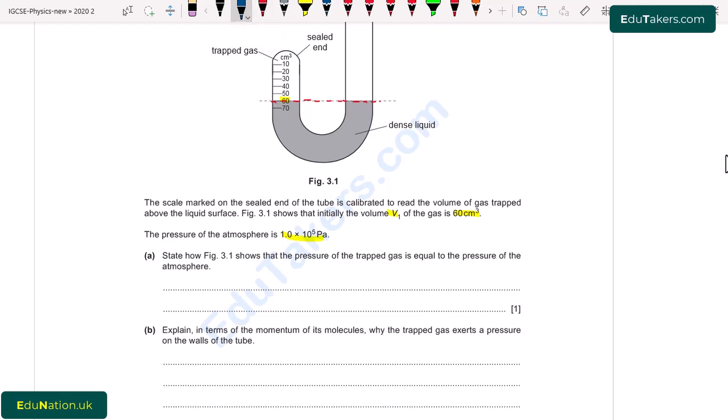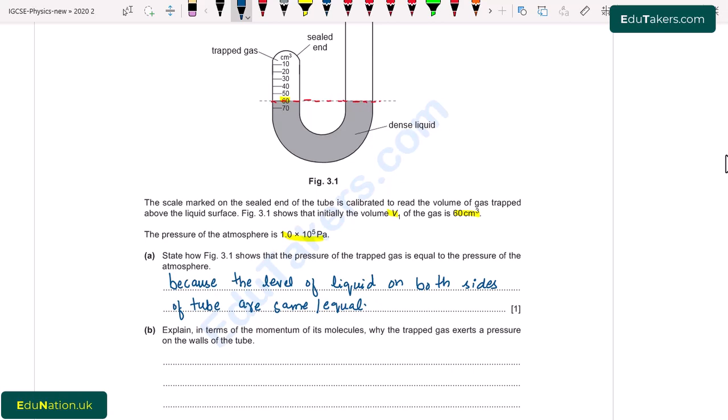So I write here, because the level of liquid on both sides of the tube are the same, are equal.